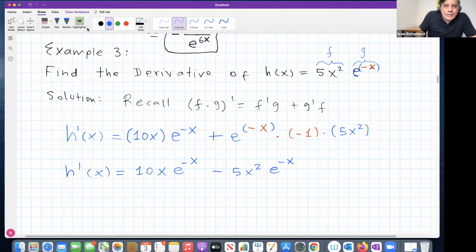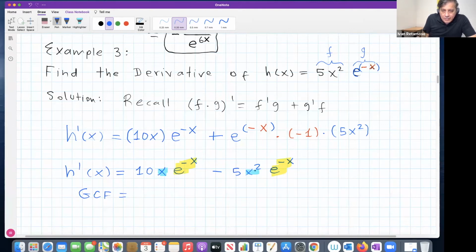Now, notice, guys, that this e raised to minus x and this e raised to minus x are the same, which means that we can factor that out. But not only that, notice that x raised to the first power and x raised to the second power are repeated too. The greatest common factor is going to be what? x to the first power.